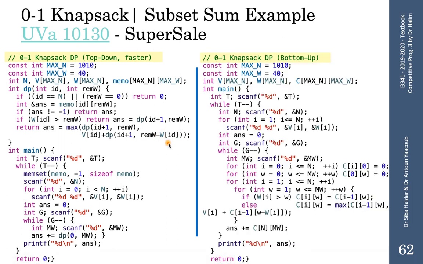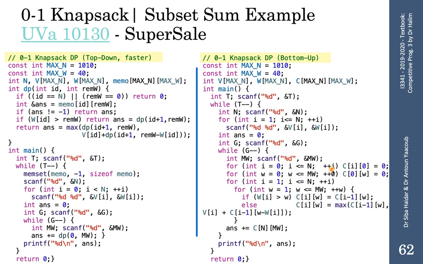This is a bottom-up approach solution, which gives the same exact solution, but it is slower because I have already explained that it will have to calculate and fill all the table. And in this case, this is a bottom-up approach, so there is no recursion, there is a while loop.